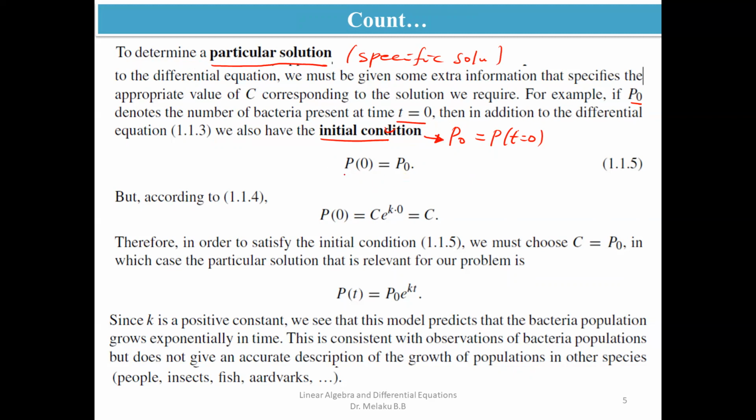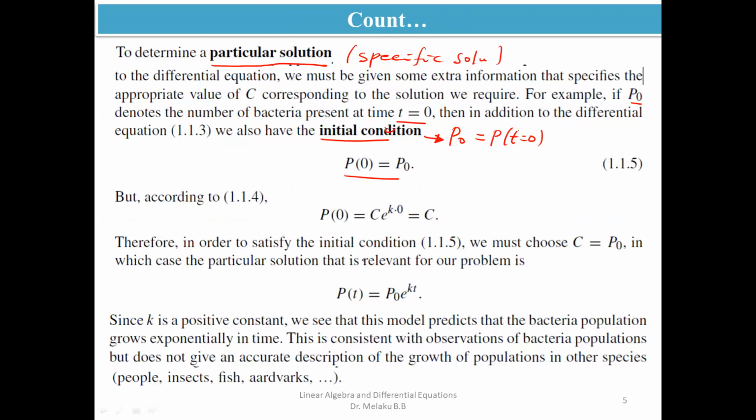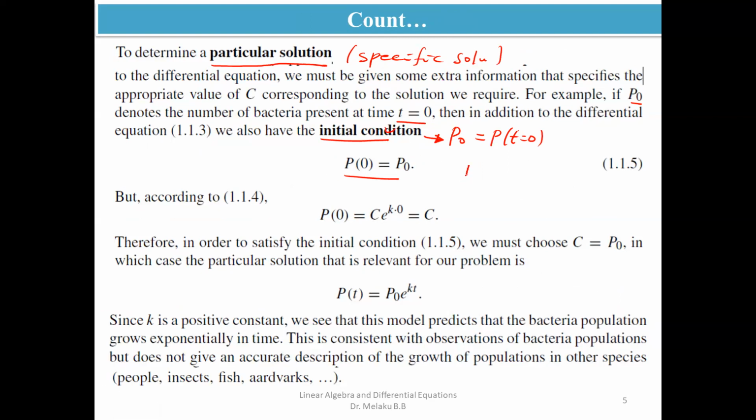Now we have this initial condition, and previously we have the general solution P of t, which is c times e to the power of kt. Here we have the initial condition, here we have the general solution. Now it will be easy to find what exactly the constant c is.